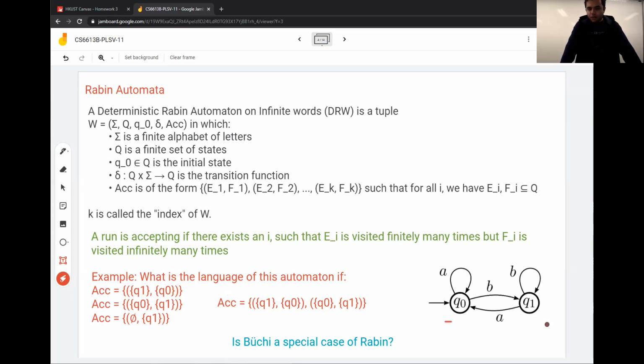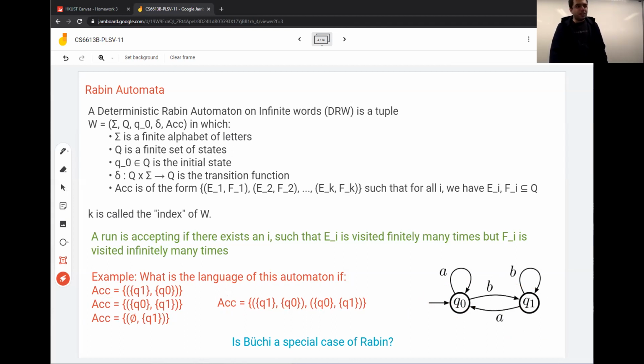So because we have only these two states, we have to visit one of them infinitely often, right? But this is not the set of all strings. Why? Because it excludes the strings that visit both of these infinitely many times, right? But at the same time, this is actually the union of the two previous cases that we saw.